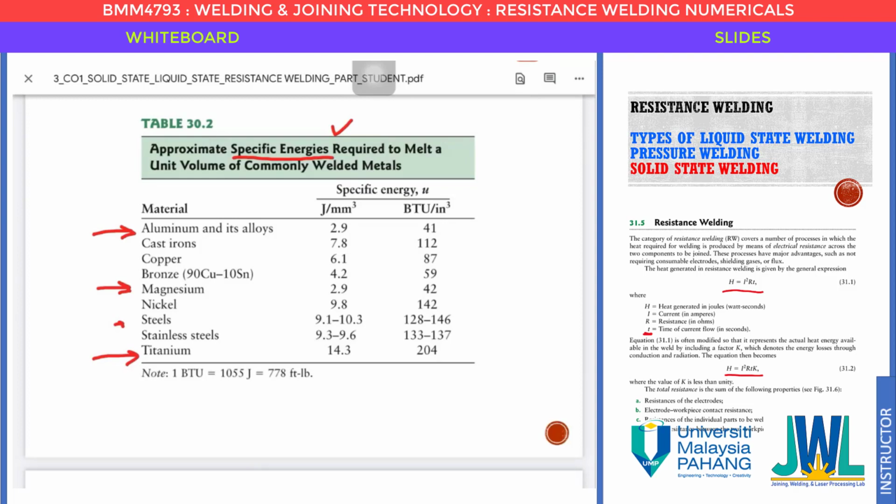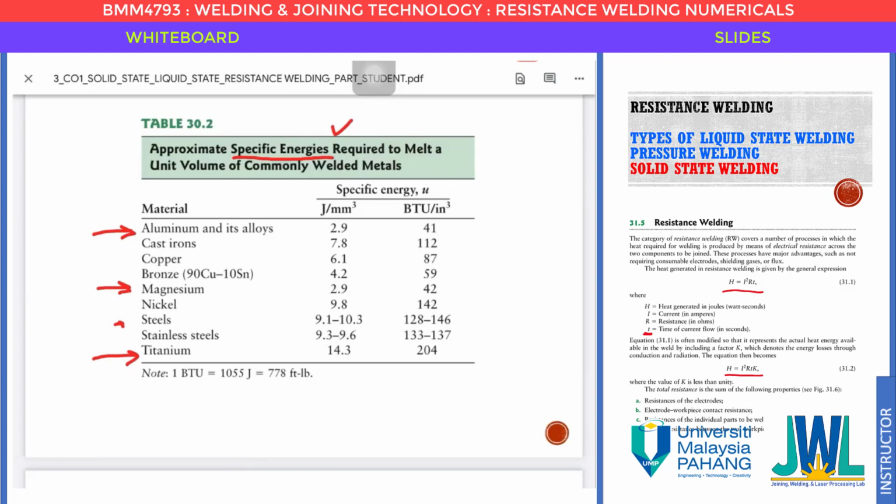Here you can see that the top material, which is easy to melt and has the least specific energy, is 2.9, for aluminum and its alloys. If you go to the bottom, titanium is the material which is the hardest to melt, and we need a lot of energy to melt it.